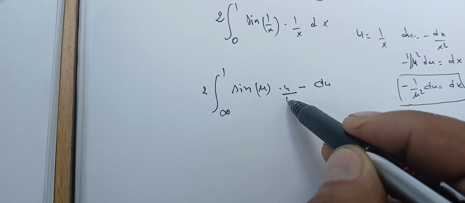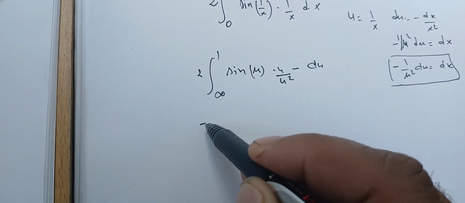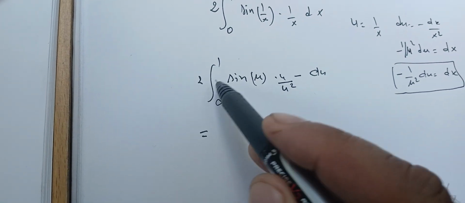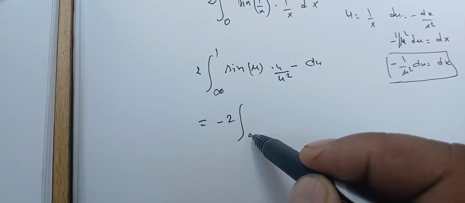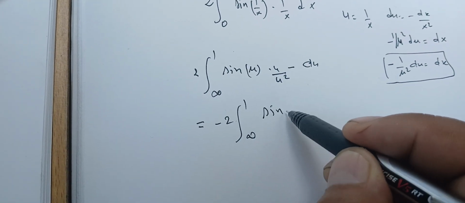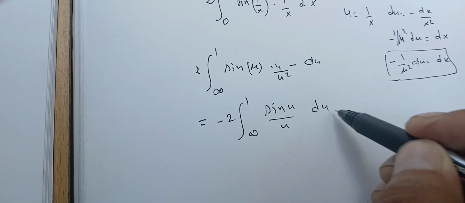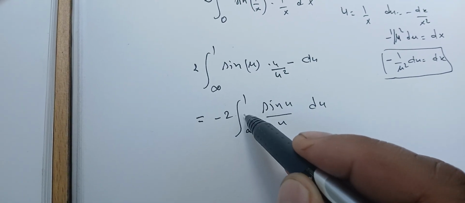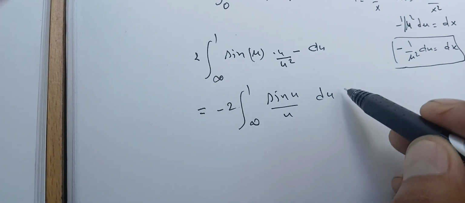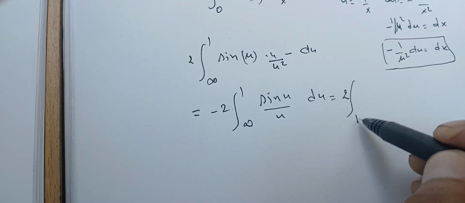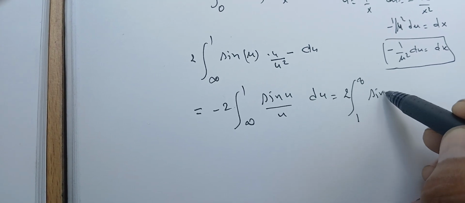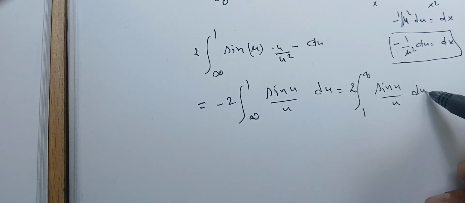I put u squared here. Therefore my integral is minus the integral from 1 to infinity of sine of u over u du. But I can flip this integral to absorb the minus, so it becomes the integral between 1 and infinity of sine of u over u du.